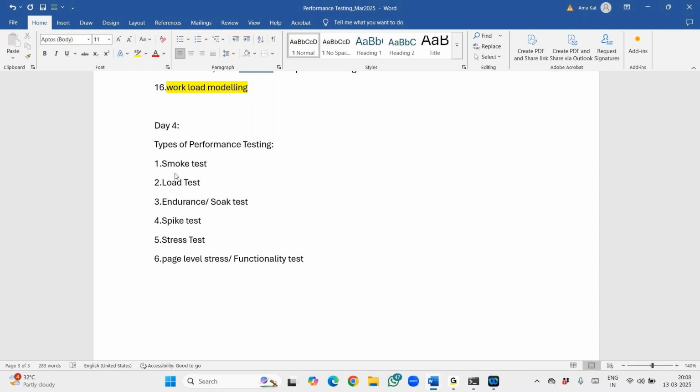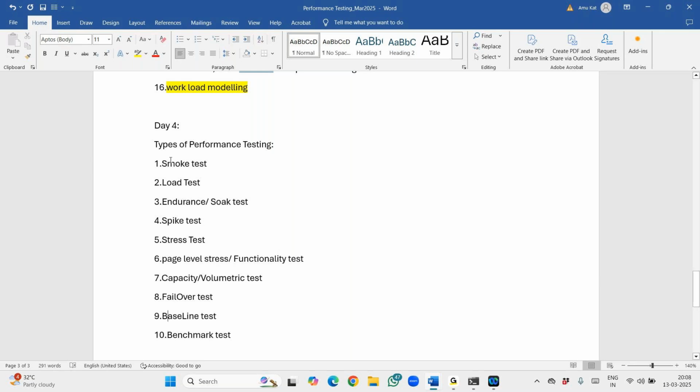And second, we have capacity test, which is also known as volumetric test. And failover testing, baseline testing, and benchmark.